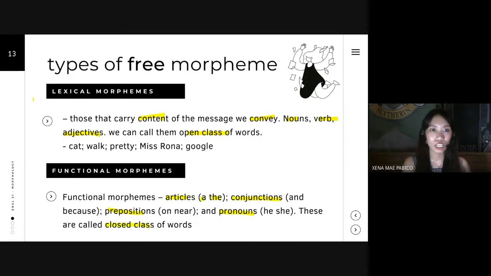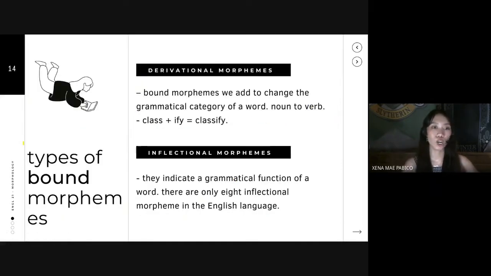So, lexical morphemes carry the content, and functional morphemes just function. They do not carry the content, but they are free. They are functional morphemes.